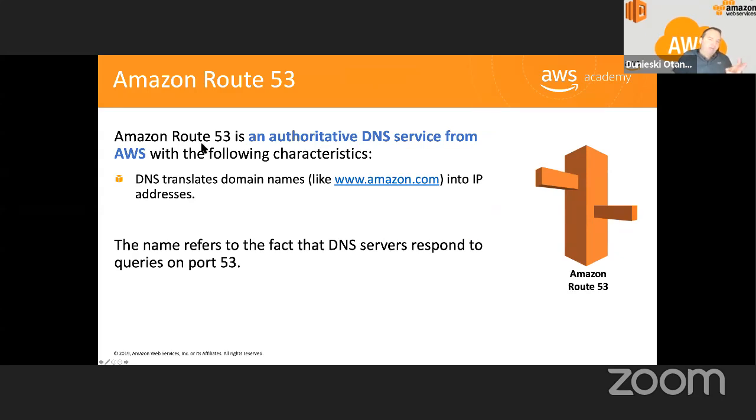This guy will work in conjunction with Elastic Load Balancer, which in turn works with the auto scaling feature. So there are three guys working together: Route 53, Elastic Load Balancer, and auto scaling. Those guys come together like three brothers, helping with high availability. That's a very cool feature that AWS has.